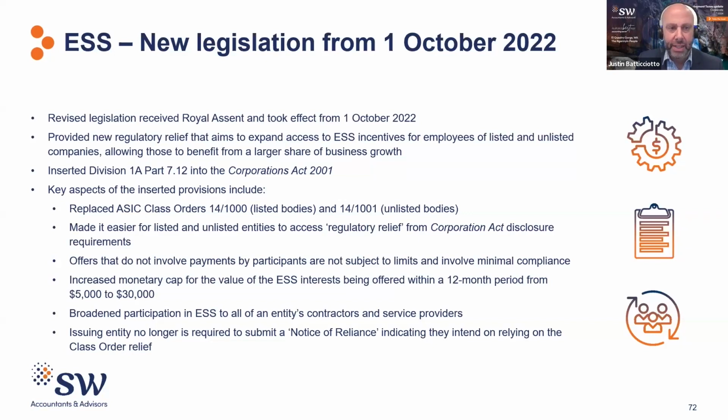This was introduced to make it easier for listed and unlisted entities to obtain regulatory relief. So if you are an organization that is thinking of putting an employee share scheme in place, it's important to be across these and understand if there are any disclosure requirements that you need to be aware of, or whether there's any exemptions or relief under this new division.